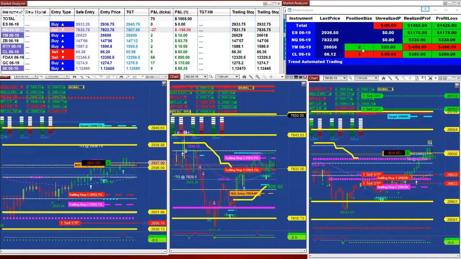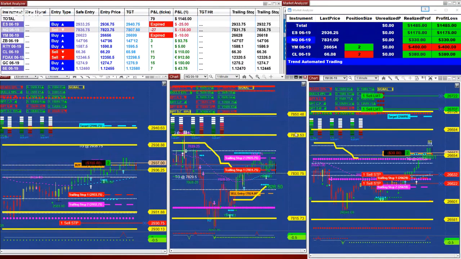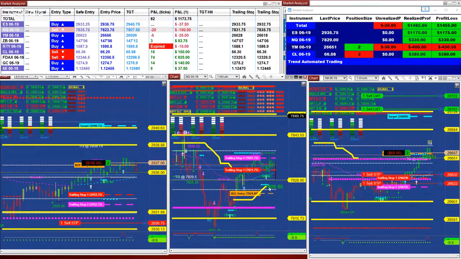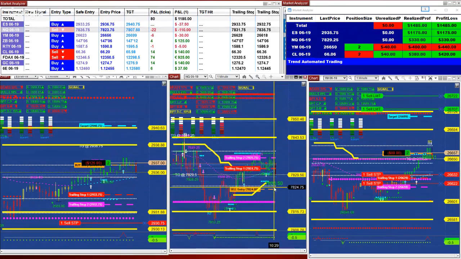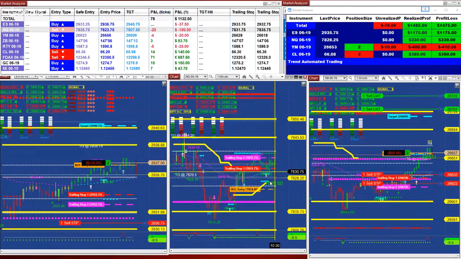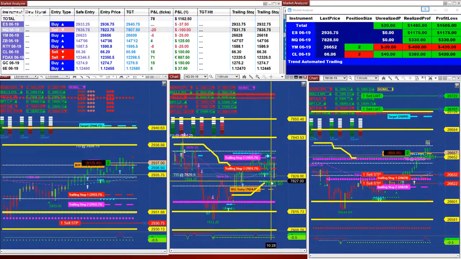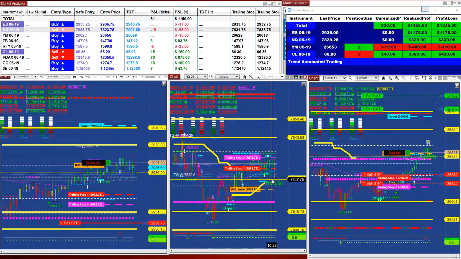For the YM, scalping just took that trade. Oh, that's not good. For the Nasdaq, it's coming to the 7826.5. Here is where the Nasdaq is coming to. 827 is right there. Also, this is a good re-entry point if you want to take a trade.